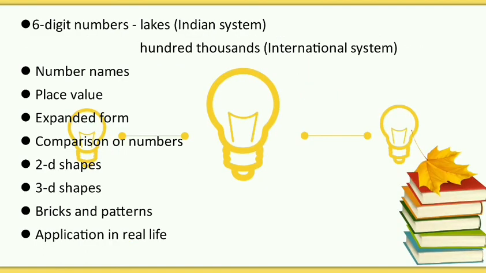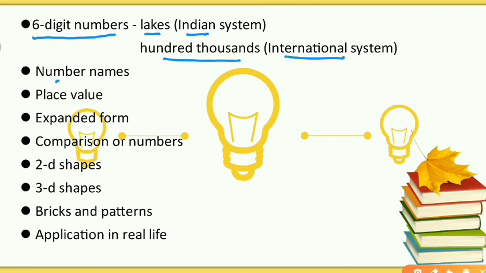So children, finally we've come to the end of the chapter. So I'm just going to give you a quick recap of what all we did in this chapter. We have covered 6-digit numbers, that is till lakhs in the Indian system and 100,000 in the international system.